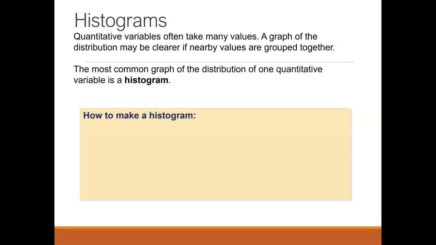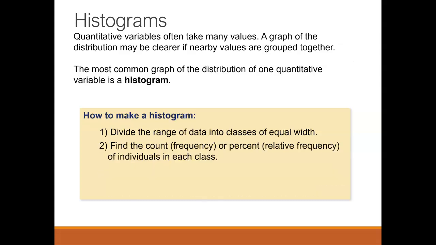So making a histogram, we're going to start by dividing our data so that we have classes of equal range, right? So the widths of our ranges are the same. We'll count the frequency, or maybe we want to calculate a percent, a relative frequency, for the individuals in each class. Which one you want will depend on the context or the question. To get the relative frequency, you need the frequency table to start with anyway.